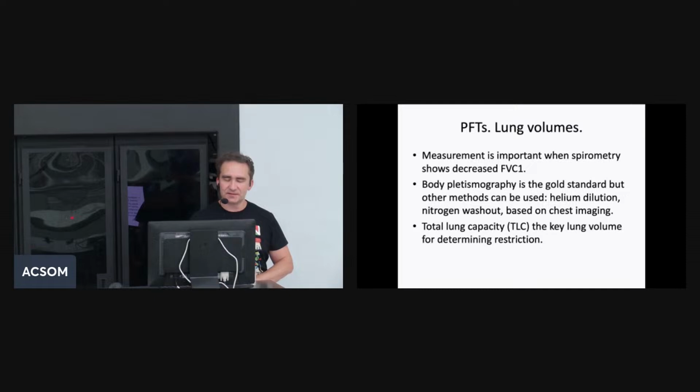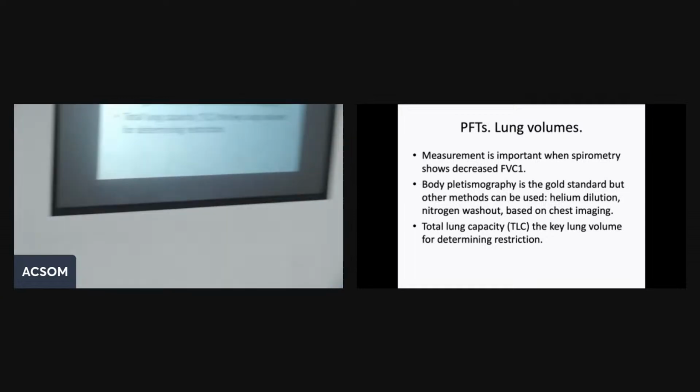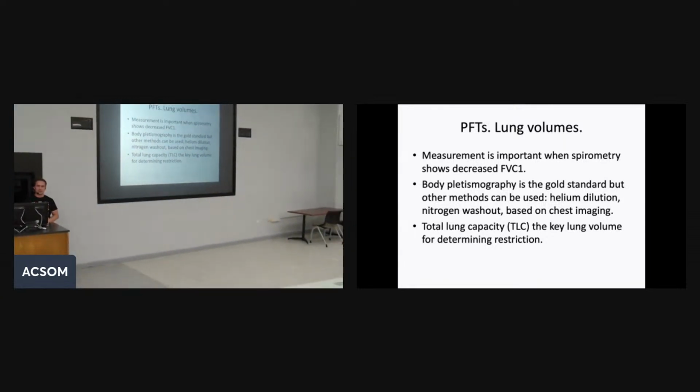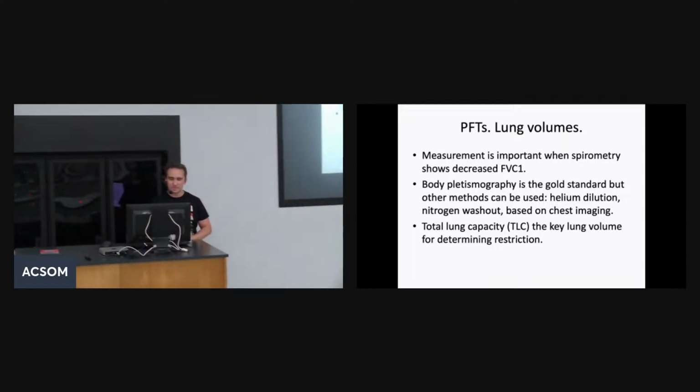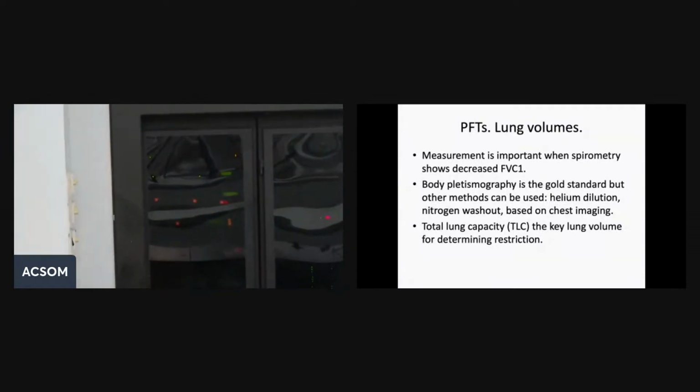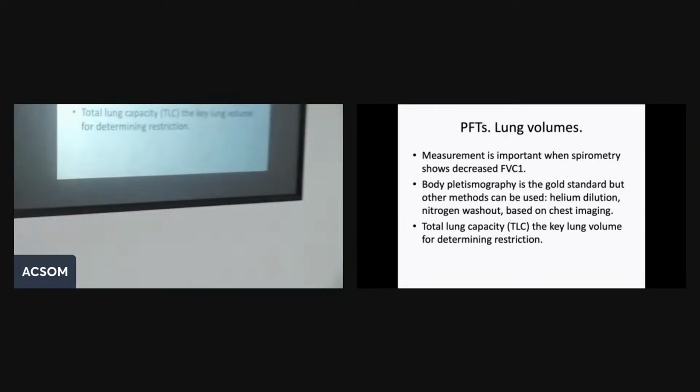There is a way to measure total lung capacity, and body plethysmography is the main way you do that. You're basically using the physics law that there is a correlation between the volume and the pressure. And then total lung capacity is the key volume determined from this test.